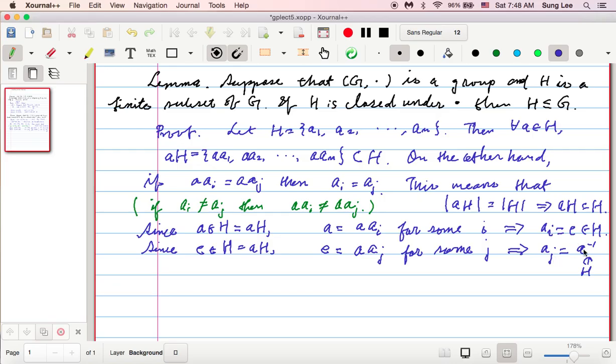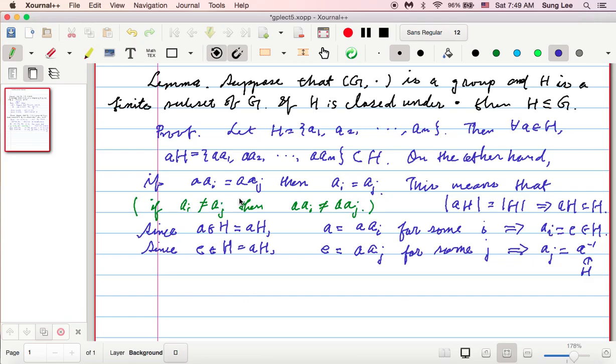Now in our case, I picked A randomly, right? This is for any A in H. So we proved that, in fact, for a finite set the only requirement is that H is closed under the inherited operation, and then we could show that the other required axioms are all satisfied.